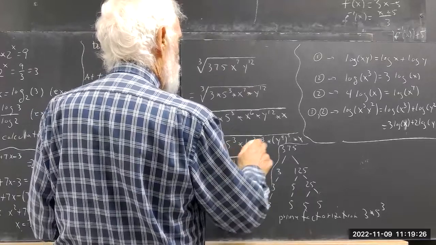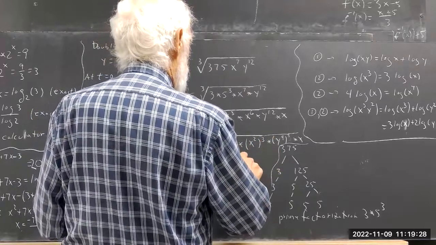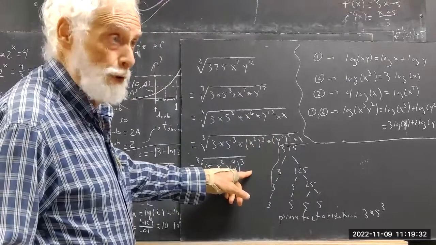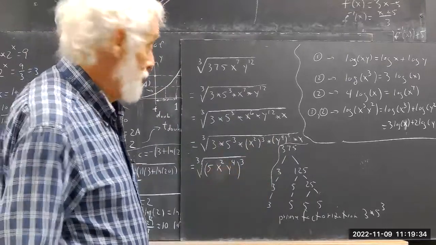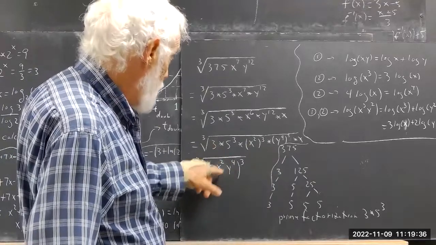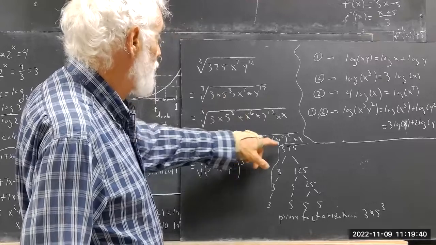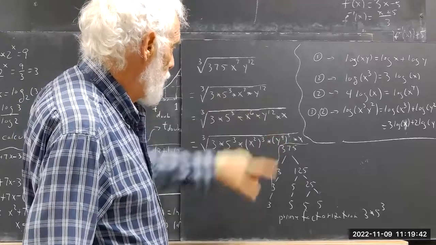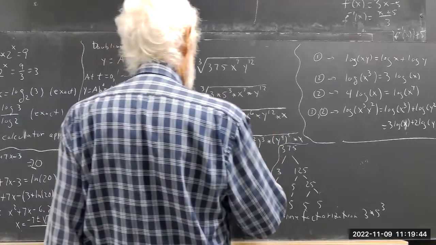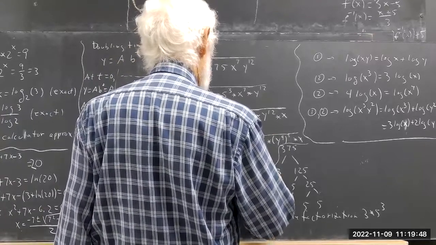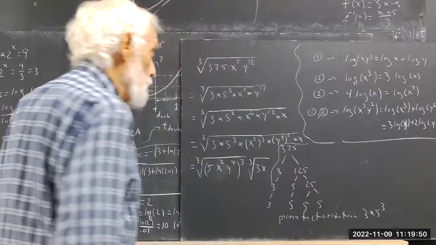The 5, the x squared, and the y to the 4th can all be written together, the cube root around the group. Because you're going to have 5 cubed, you're going to have x squared cubed, which is x to the 6th. And y to the 4th cubed, that's your y to the 12th. And then it's times the cube root of 3x.